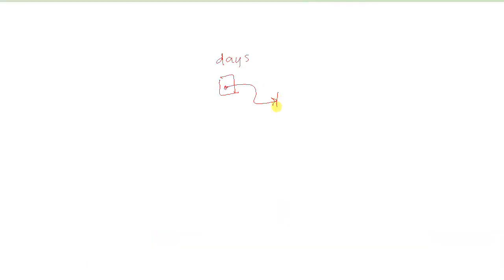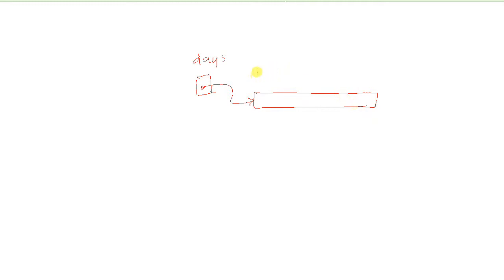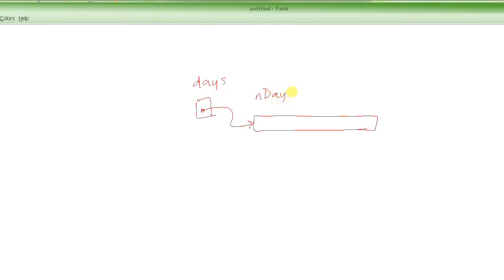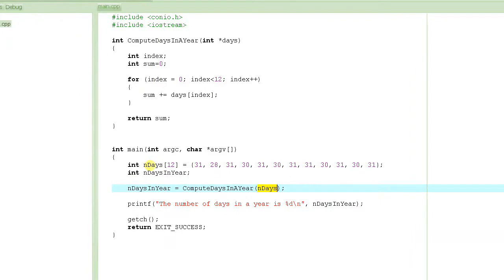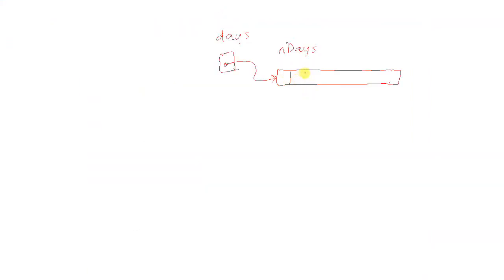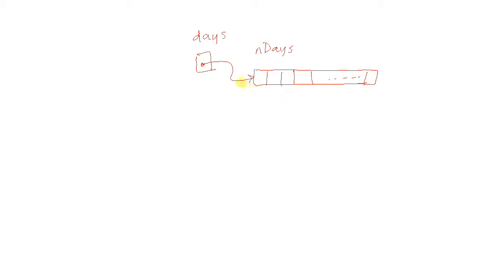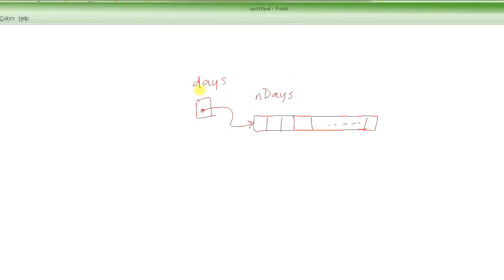This is our n days array, and it has all those 12 elements here, and this pointer days is now pointing to the first element here.